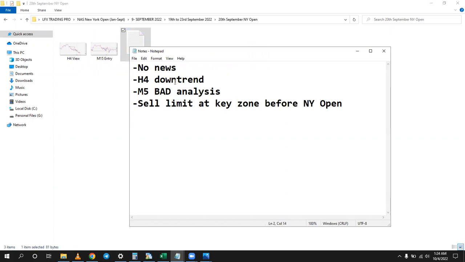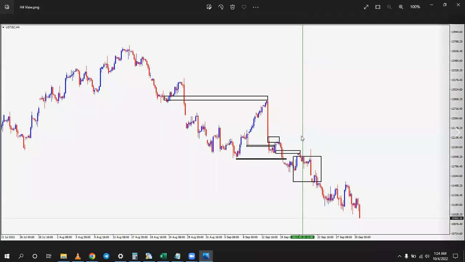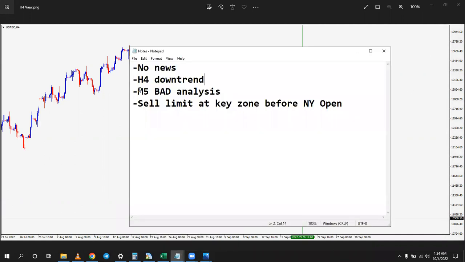Our bias was a downtrend on the H4 time frame. Let me see the H4 time frame. So what we see here is a downtrend basically, before the open, that is on the left-hand side of the vertical line. Our bias was basically a downtrend. So meaning we had to look out for a sell setup, and we got one on M5, the BAD SOP.